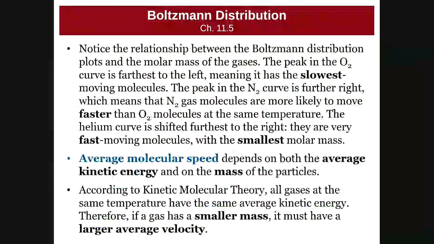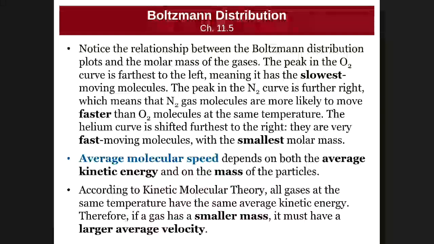So notice the relationship between the Boltzmann distribution plots and the molar mass of the gases. The peak in the oxygen curve is farthest to the left, meaning it has the slowest moving molecules on average. The peak in the nitrogen curve is further to the right, which means that the nitrogen gas molecules are more likely to move faster than the oxygen molecules.